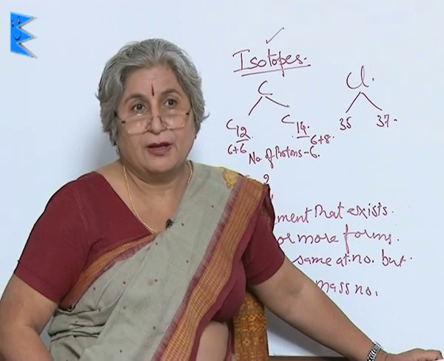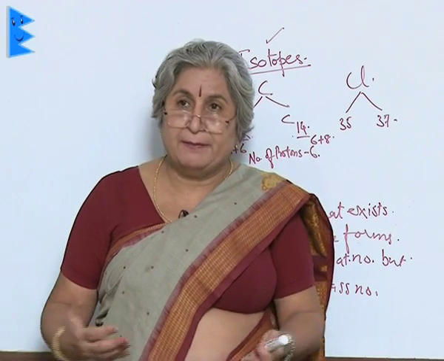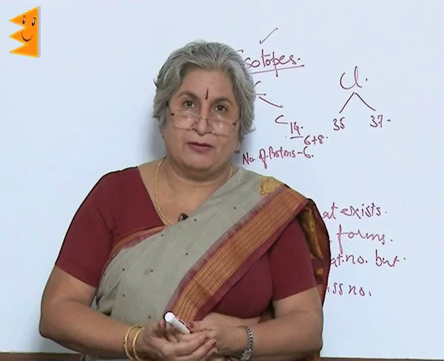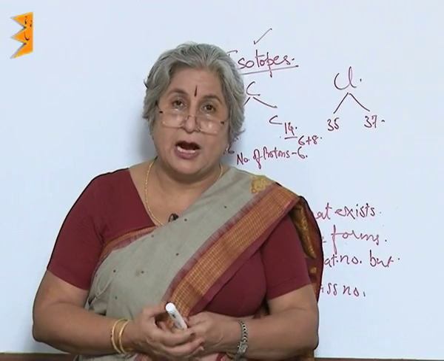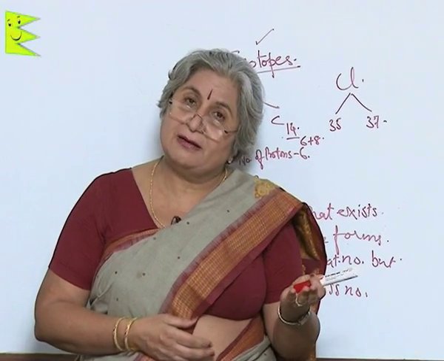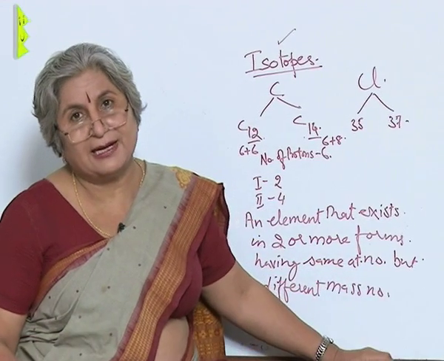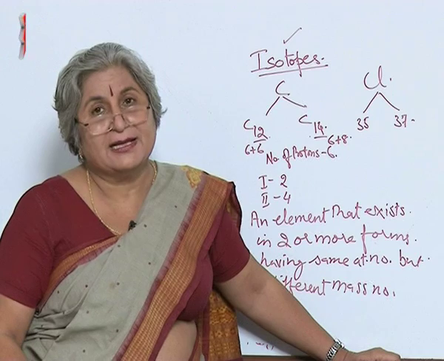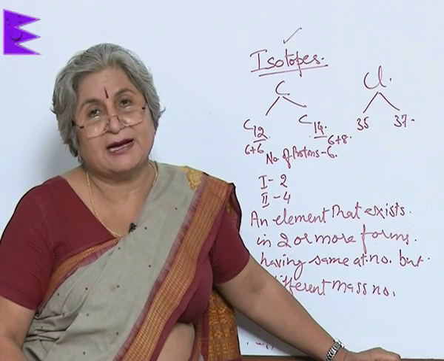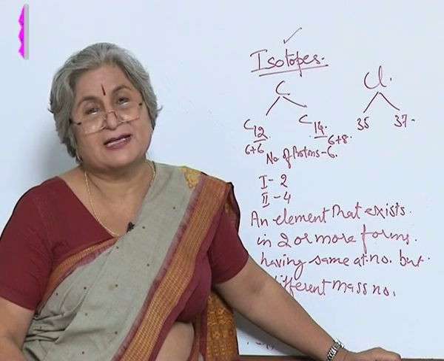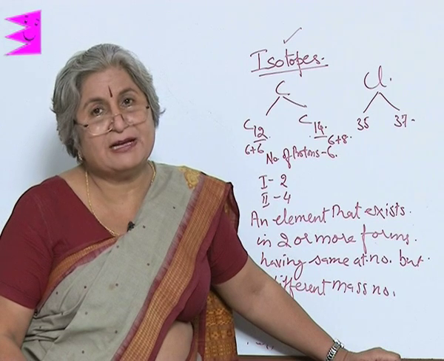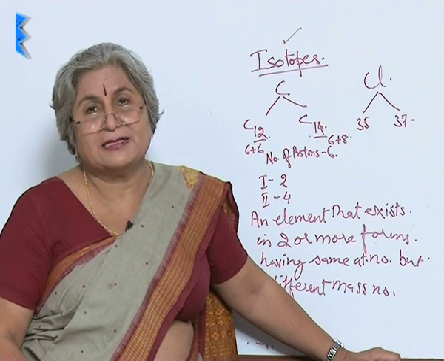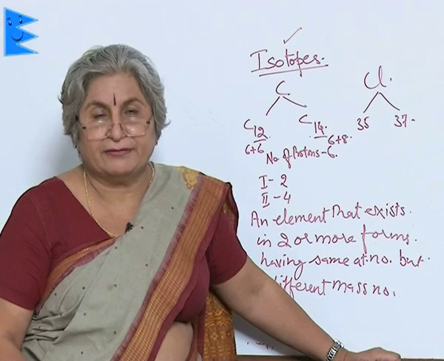Okay, that is fine, but if we are given a certain amount of element, how do we know which ones are heavy and which ones are light? In the case of chlorine, what we find is that about 30% have atomic mass 37 and 70% have mass 35.